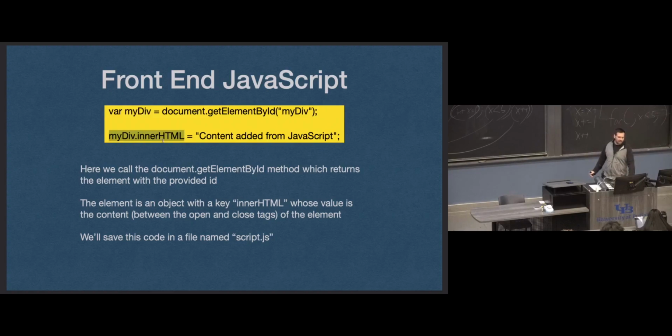Here I'm going to change the inner HTML. So anything between the open tag and the close tag, it's going to replace it with whatever I say here. So that's why when we have that empty div on the first example, and then I say, well, we populate it later, this is one way that we can populate it with JavaScript and populate it dynamically with whatever our code generates in whatever situation we're in, or reacting to the user, whatever we want to do.